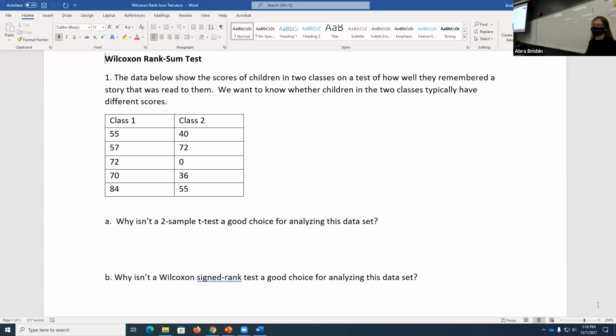All right. So for problem A, why isn't a 2-sample t-test a good choice for this data set? Sam? Yeah, the sample size is 10, 5 in each sample. So pretty small sample size. Kyle?